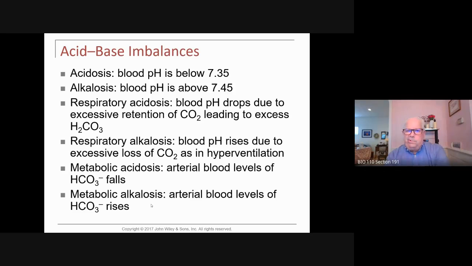Let's talk about respiratory acidosis. Your blood pH drops due to excess retention of carbon dioxide, leading to excess of carbonic acid. You retain carbon dioxide.